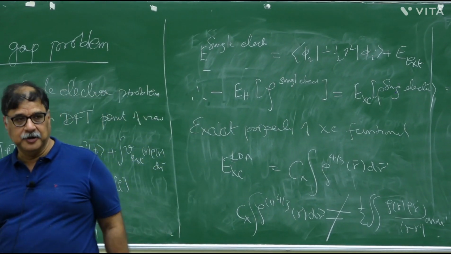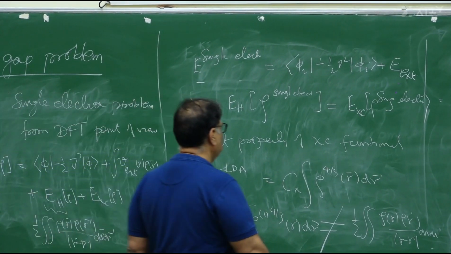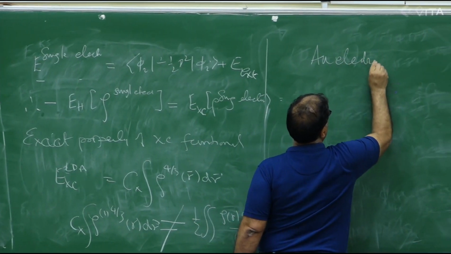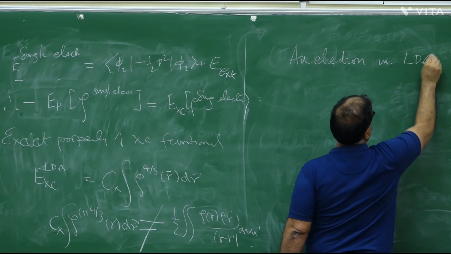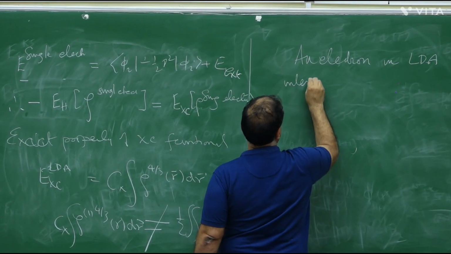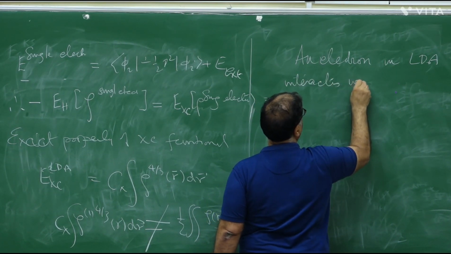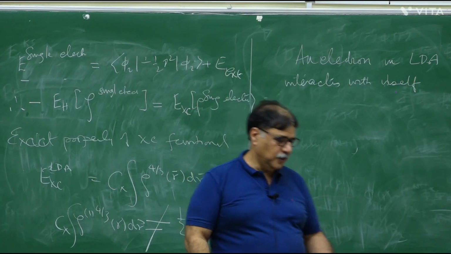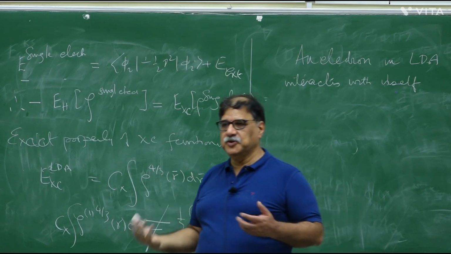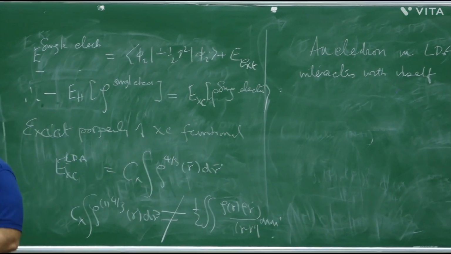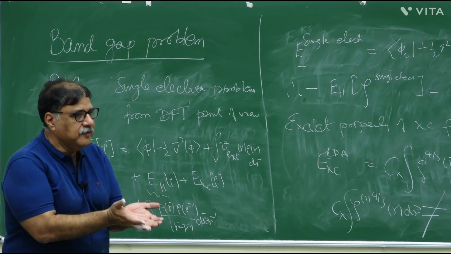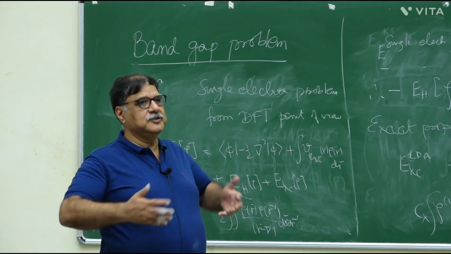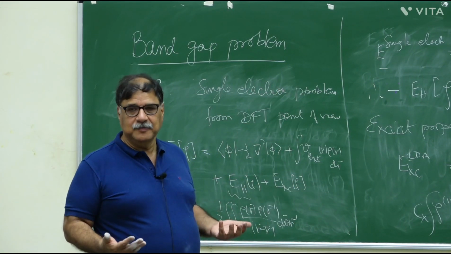You cannot expect this, otherwise calculating Hartree energy would be very easy. So if it is not, that means an electron in the local density approximation interacts with itself. And therefore it will underestimate the exchange correlation, or overall energy will be more positive, overall eigenvalues will be more positive, because the electron ends up repelling itself, which should not happen. So it is seeing the effect of other electrons as well as itself.